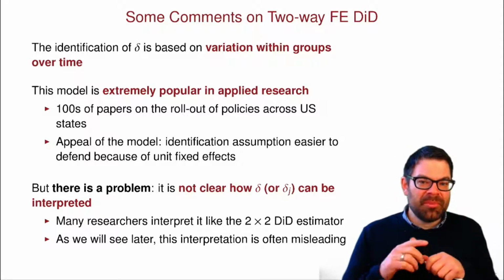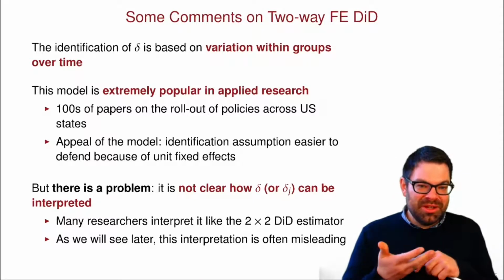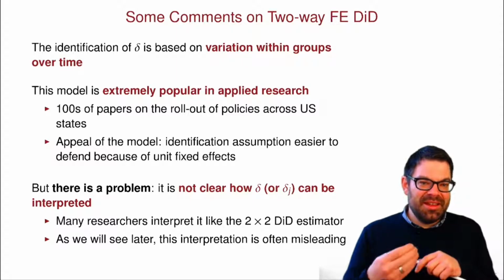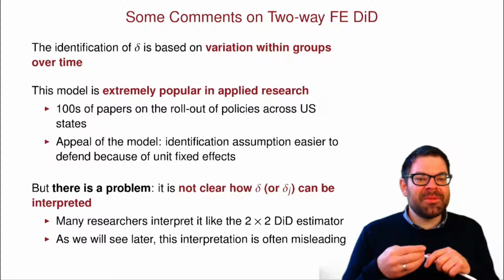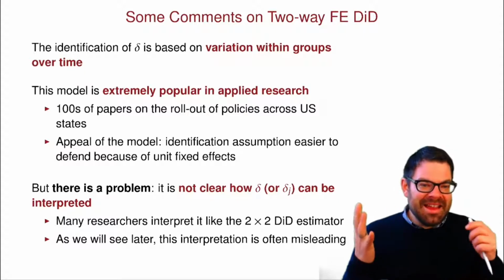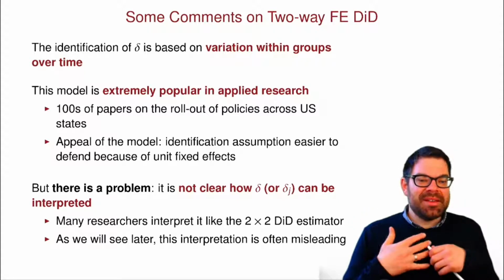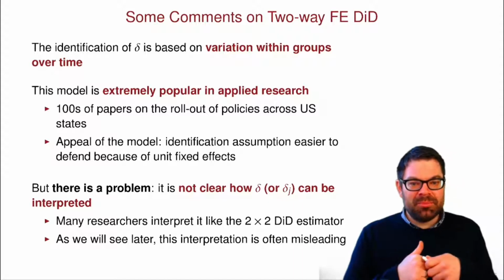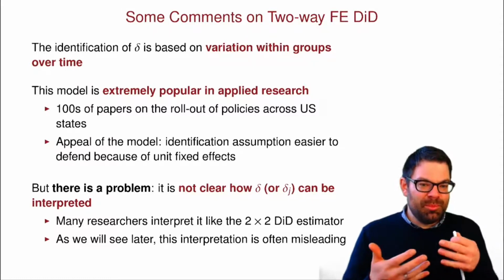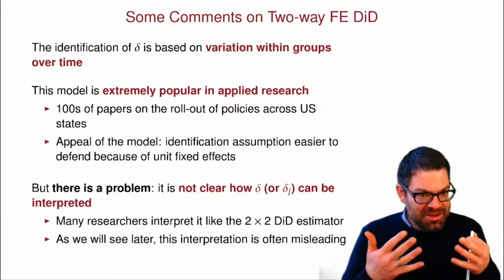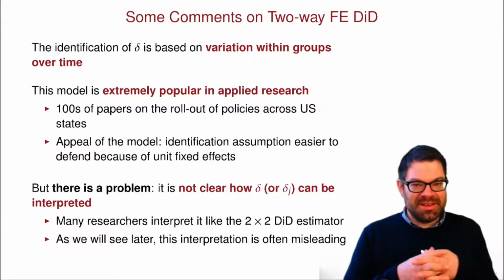Okay, so the appeal of difference in differences is that it's simple to implement. It doesn't have as many identification assumptions as IV would have, for example, so it's a very flexible model that you can apply to a lot of different contexts.